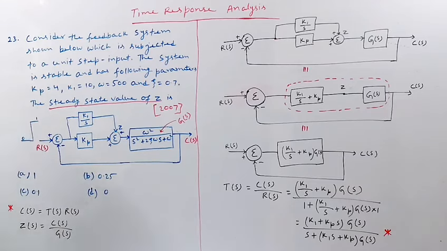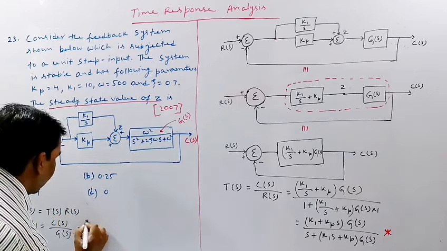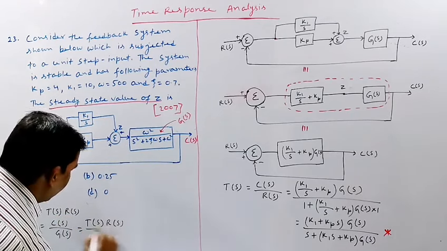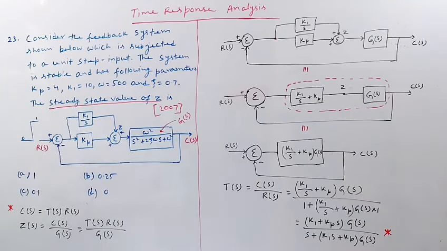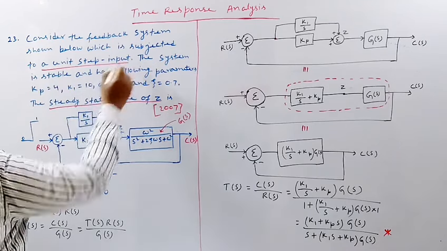We can write Z as TS into RS divided by GS, and RS is the input, and it is given that the input is a unit step input.